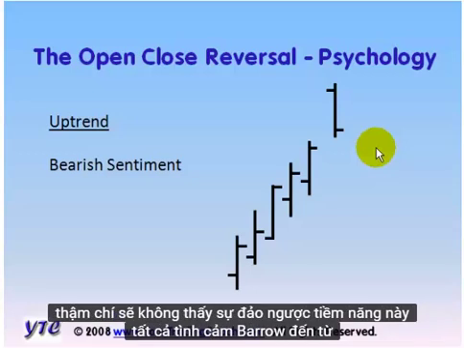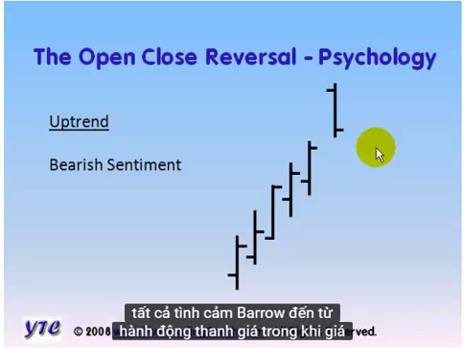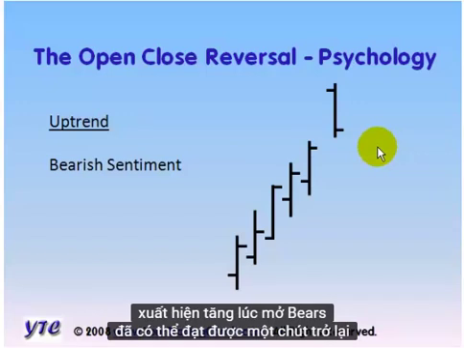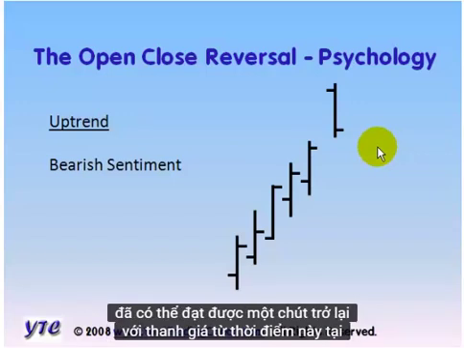The bearish sentiment comes from the intra-price bar action. While price appeared bullish at the open, the bears were able to strike a bit of a comeback within the price bar.